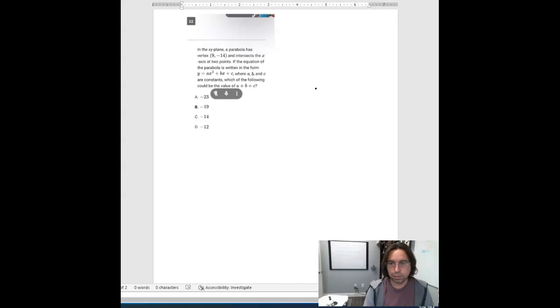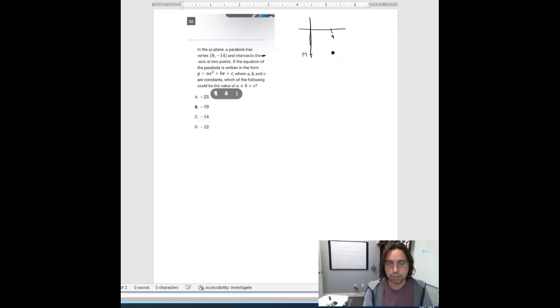If we briefly graph this out, we understand that we have a vertex at positive 9, negative 14. So we know we have a vertex point right there, and the key word here is that it intersects the x-axis.